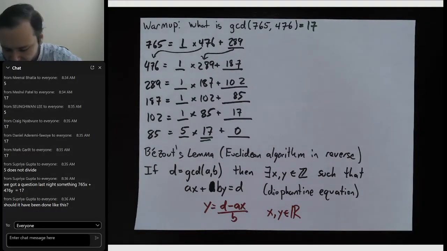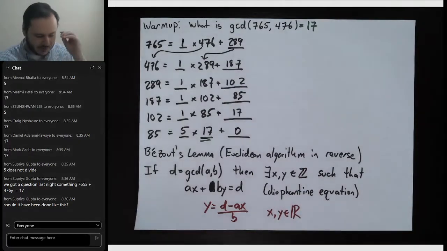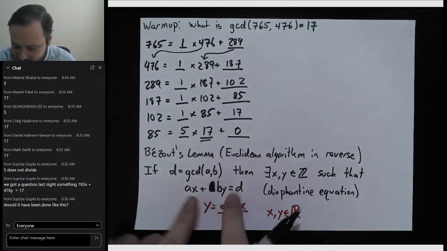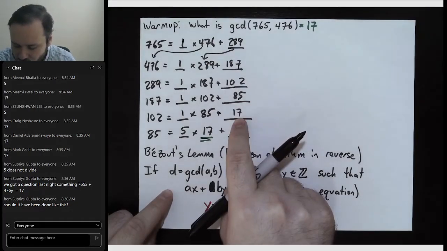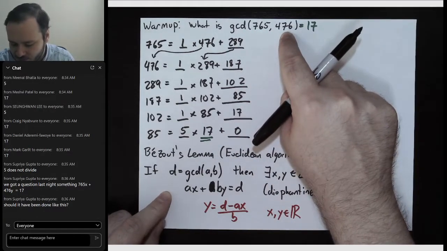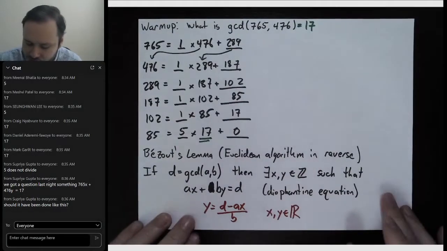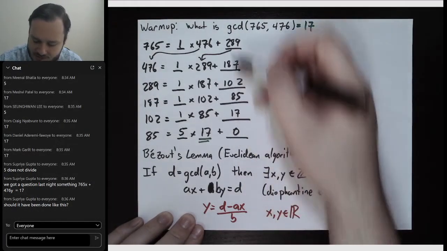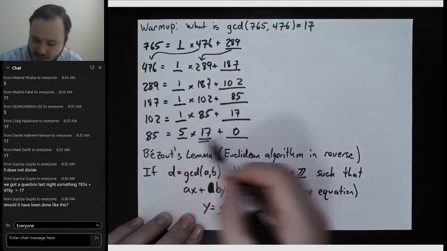So how does Bézout's lemma work? Why is it the Euclidean algorithm in reverse? Well, I want to show that 17 is a multiple of 765 plus a multiple of 476. And I can do that by reading these equations from bottom to top. I don't need this last one.